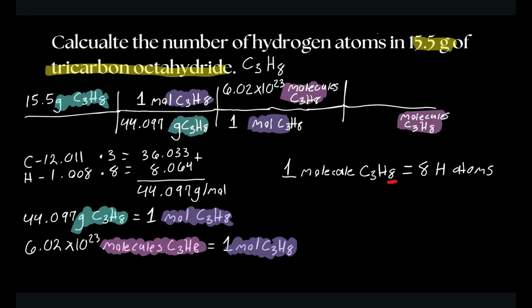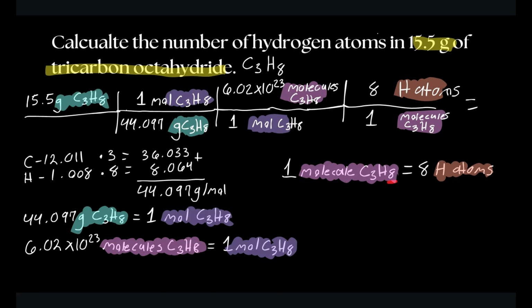So within one molecule of my C3H8, I have 8 hydrogen atoms, and I'm able to use that in order to solve for my number of hydrogen atoms overall. And this will be our last step, which is going to go on top. This will be our 8 hydrogen atoms. And then we're able to solve.